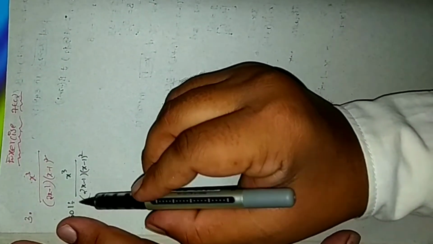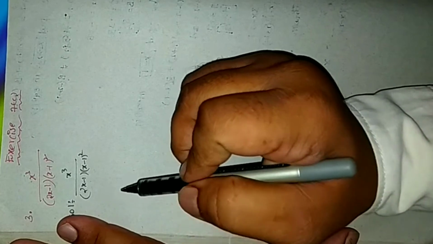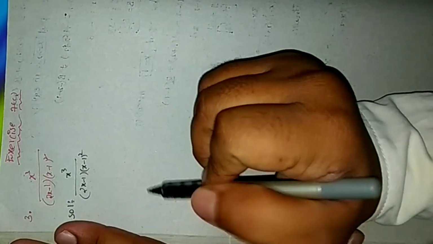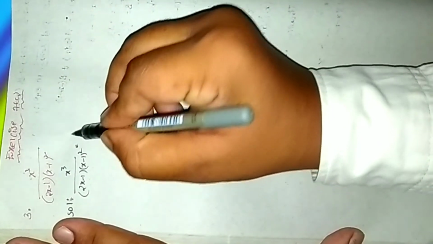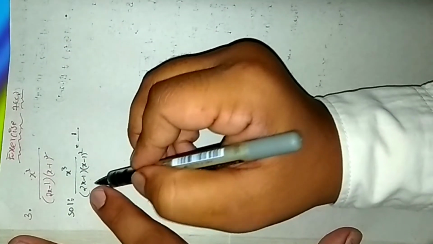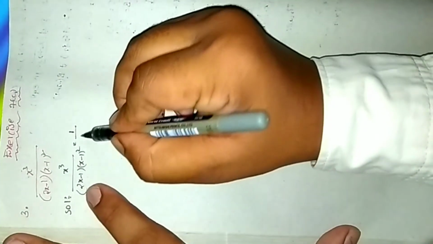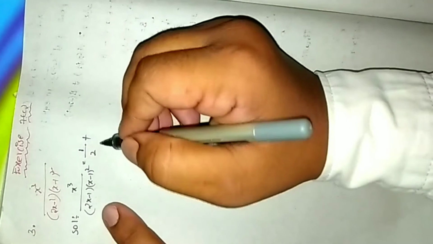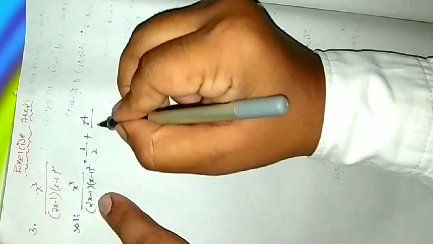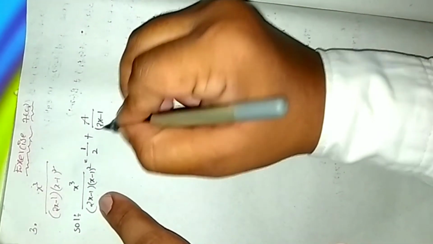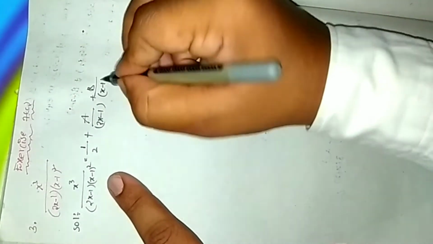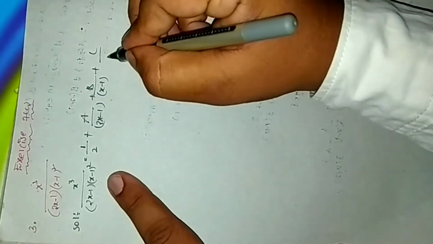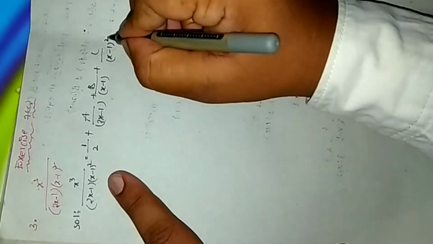So here, compare the x cube coefficient in the numerator with the x cube coefficient in the denominator. The numerator x cube coefficient is 1 and here it is 2. Plus a by (2x minus 1) plus b by (x minus 1) plus c by (x minus 1) whole square.